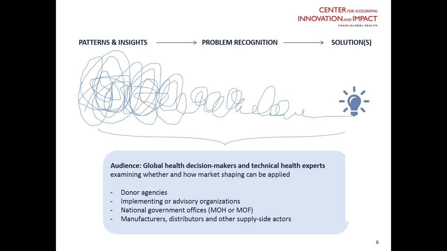They could sit in implementing or advisory organizations, and similarly, groups like the Clinton Health Access Initiative, the William Davidson Institute, and Results for Development all provided valuable input on this framework. They could also sit in national government offices, which could be the Ministry of Health or Finance or other bodies, and on the supply side, among manufacturers, distributors, and other supply side actors.